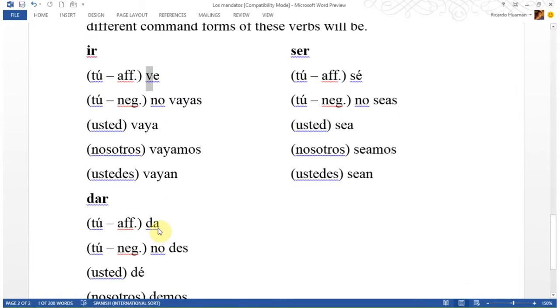Now, even though I said that, this is tú affirmative, tú negative, you can still look at this and then remember the pattern. No vayas, usted vaya, vayamos, vayan. Those all actually look very similar.